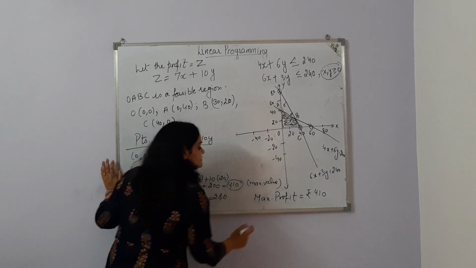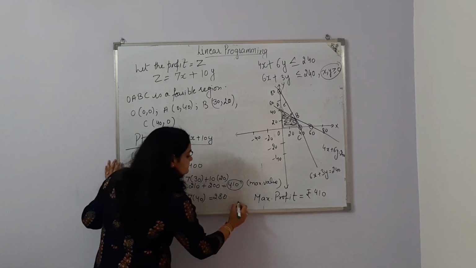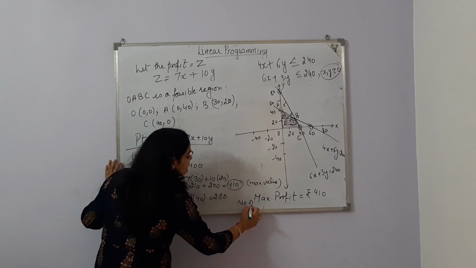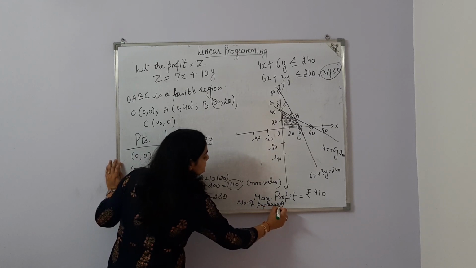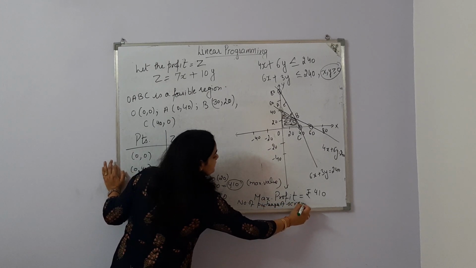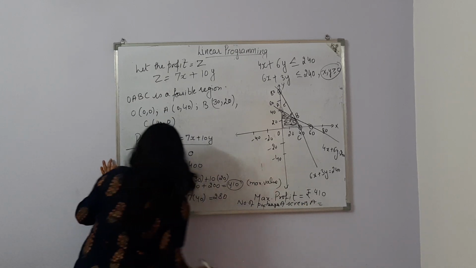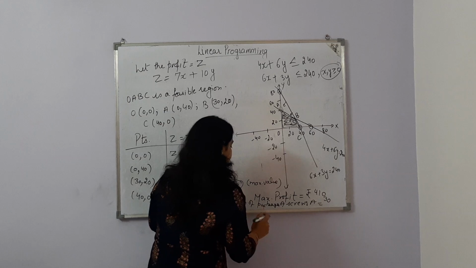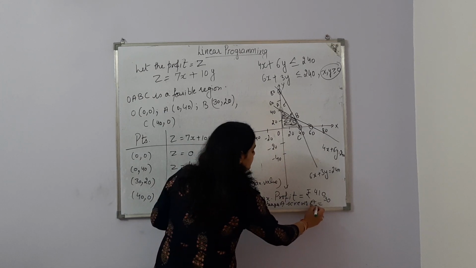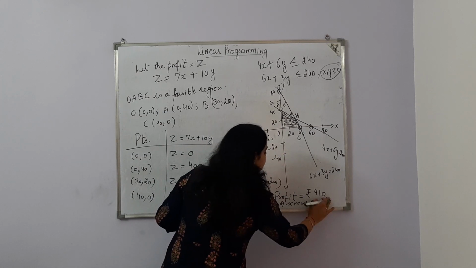So he'll get maximum profit when the number of packages of screw A is equal to 30 and screw B is 20.